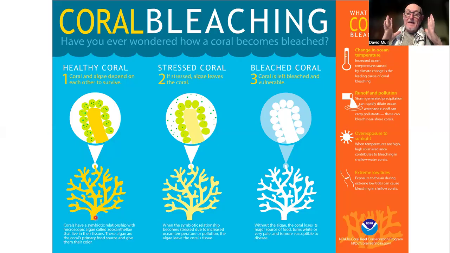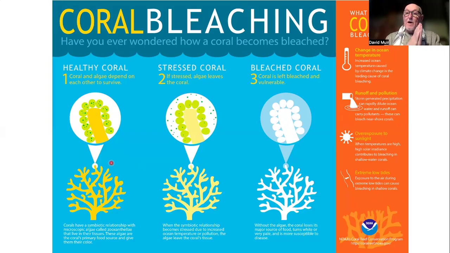Embedded in their cells are organisms called zooxanthellae. You can think of them as being algal cells. They're not really algae, but they are photosynthetic. And they live in symbiosis with the animal which is the coral. So you've actually got two very different organisms living together, and they're mutually beneficial to one another.